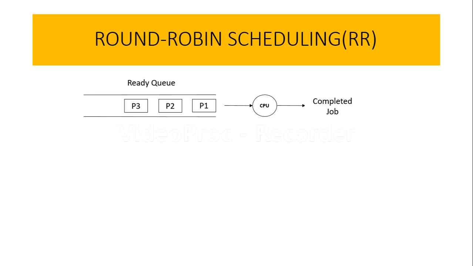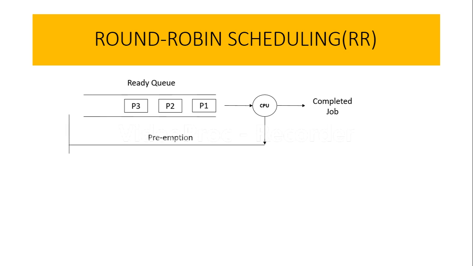If P1 is not able to finish the execution within the given time slice, then it is preempted. That means the CPU is taken away from P1 and allocated to the next process available in the ready queue.